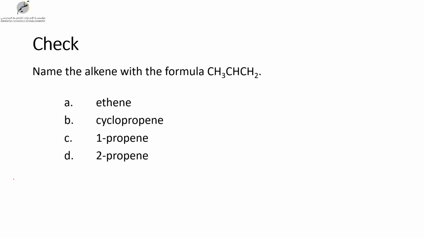So they say name the alkene with the formula CH3CH2. So when they say it's an alkene, count how many carbons you have. 3. So 3 carbons is propene, right? Now which one will give you propene here? C and D, right?